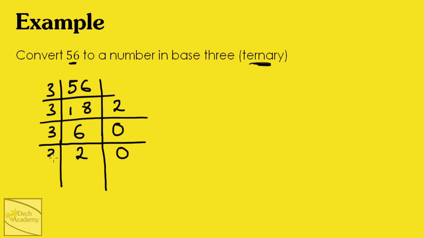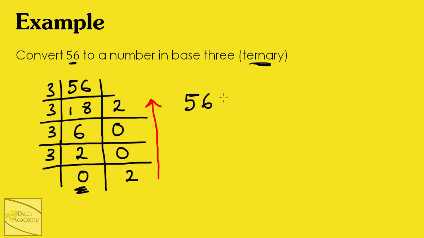And then divide 2 by 3, that's 0, remainder 2. Because we've arrived at a 0 here, we stop, and then just read off this number, which is in the desired base. So therefore, 56 is 2002 in base 3. And that's all.